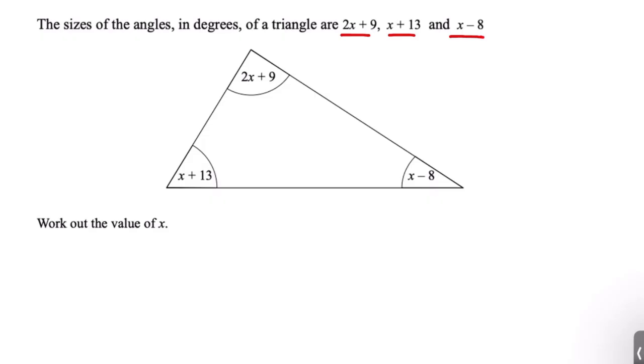Now, if you think about it, we're dealing with the sizes of the angles, and we're given a triangle here. The fact that we know is that the angles in a triangle add up to 180 degrees.